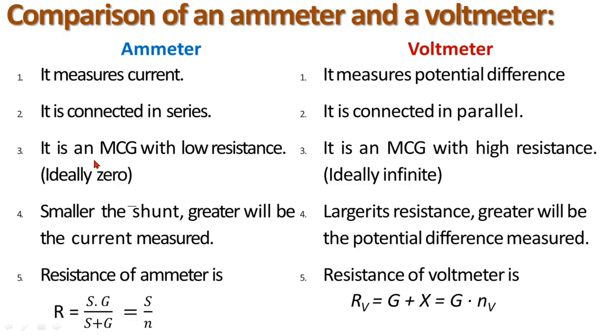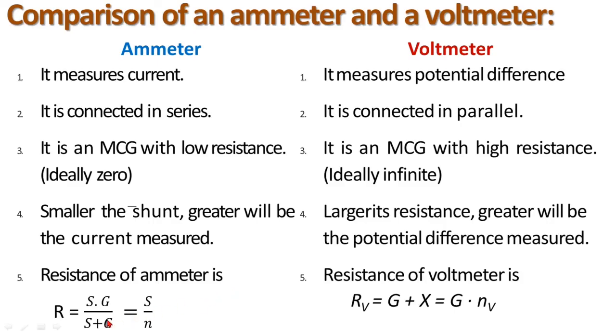Ammeter is a moving coil galvanometer with low resistance, and voltmeter is a moving coil galvanometer with high resistance. In an ammeter, the smaller the shunt resistance connected in parallel, the greater will be the current measured. The larger its resistance, the greater will be the potential difference measured by the voltmeter.